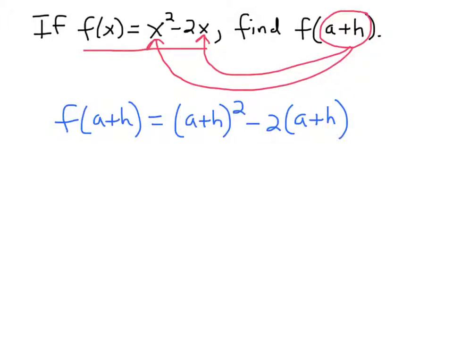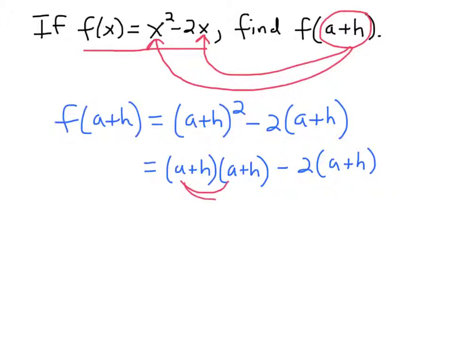So now this is a situation just like we talked about where we have something in parentheses and it's squared. And the way we do that, remember, is to take whatever's in parentheses, a plus h, and then multiply it by itself again, so times another a plus h. And then we'll have to do the FOIL on that. So we'll do our firsts, our outers, our inners, and our lasts.